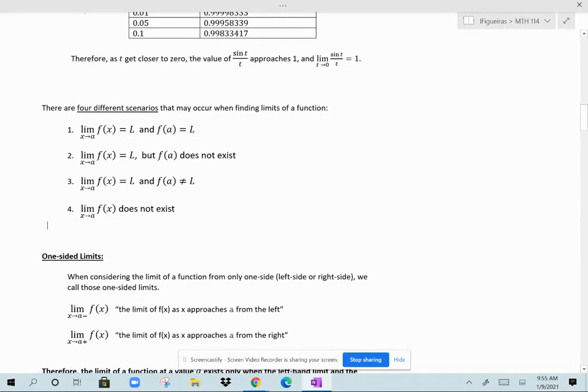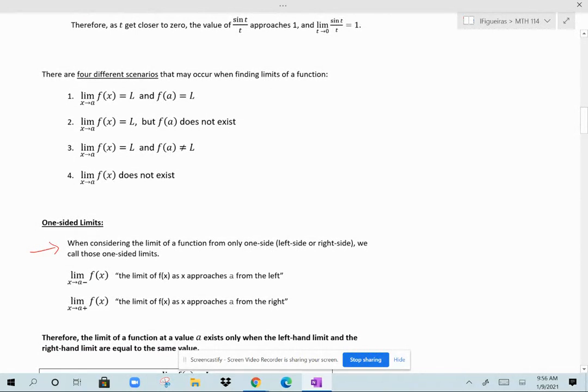We have something called one-sided limits. So when considering the limit of a function from one side, meaning the left side or the right side, we call those one-sided limits. And so there's special notation for that. This one right here is the limit as x approaches a from the left. So when you have that little minus sign on the right side of a, that means a from the left. It doesn't mean negative a.